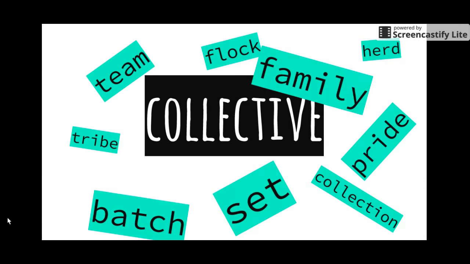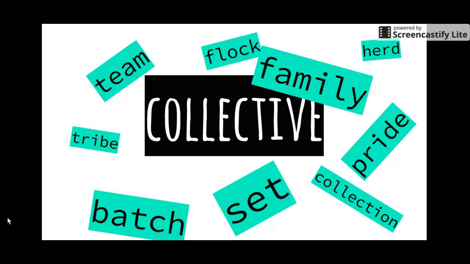So, collective nouns, that's a single word that represents a group of something, okay? This is different from a plural noun. It's not a bunch of somethings, because a plural noun would be like singers or teachers or students. That's one thing there's just a lot of. But a collective noun is when it's a group that contains a lot of things. So here's some examples.